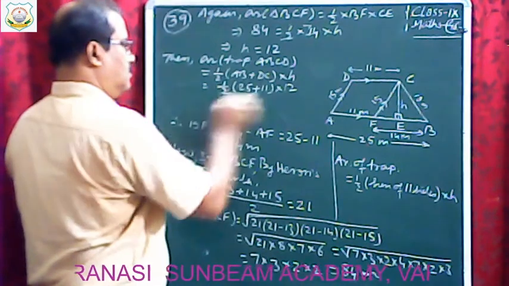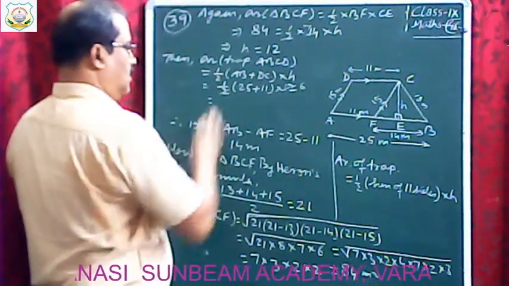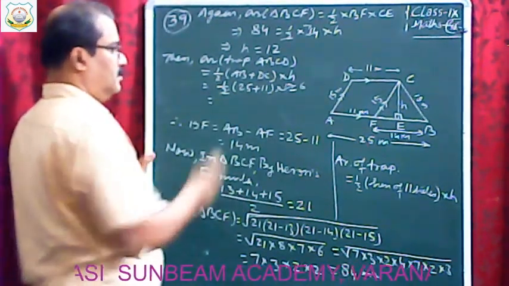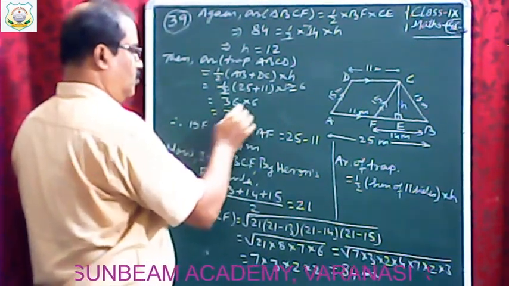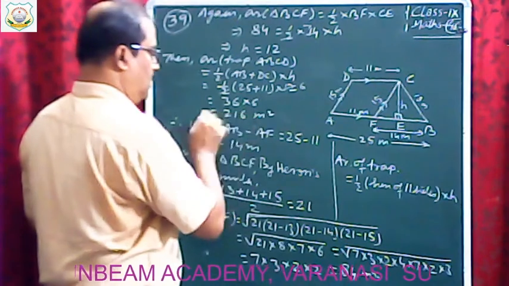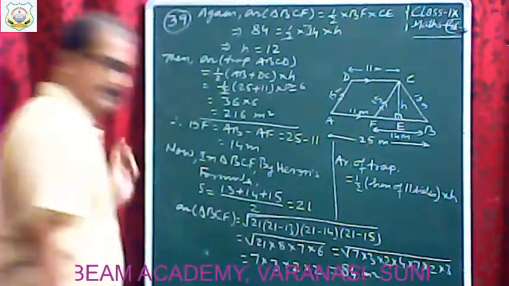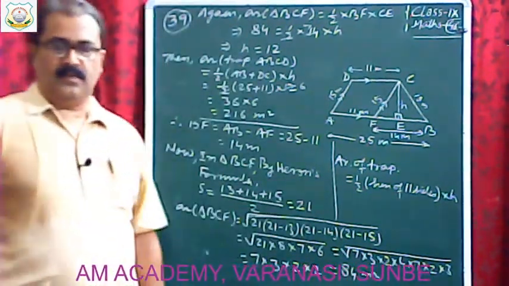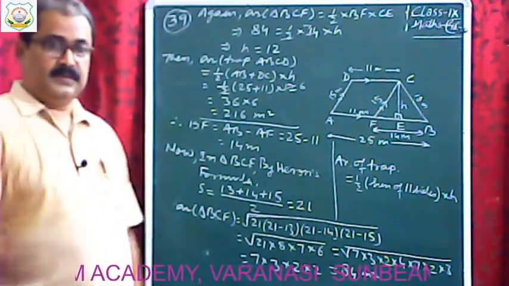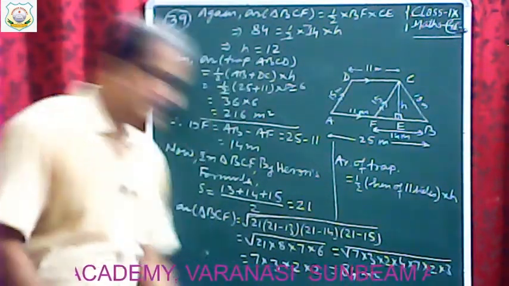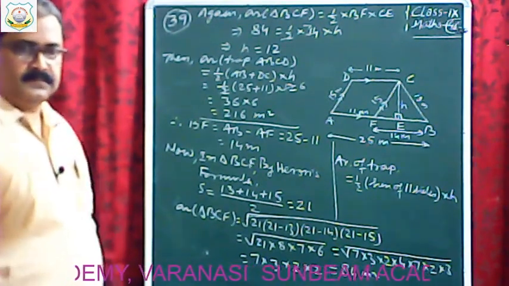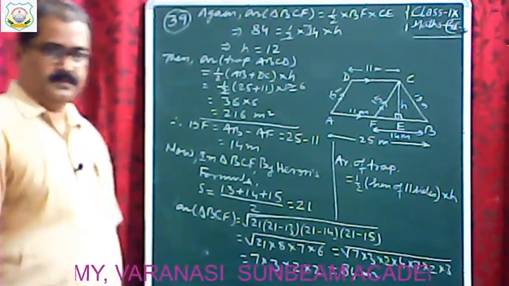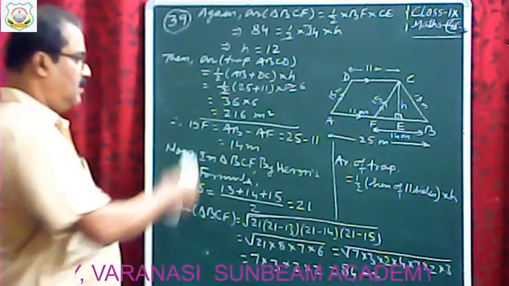Okay, 6, 36 into 6, 216 meter square, the final answer. Very important, also given in NCERT book. Okay, written everybody? That's all. Come to next.